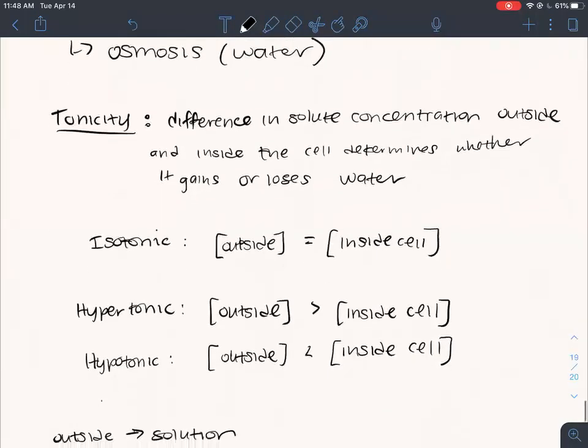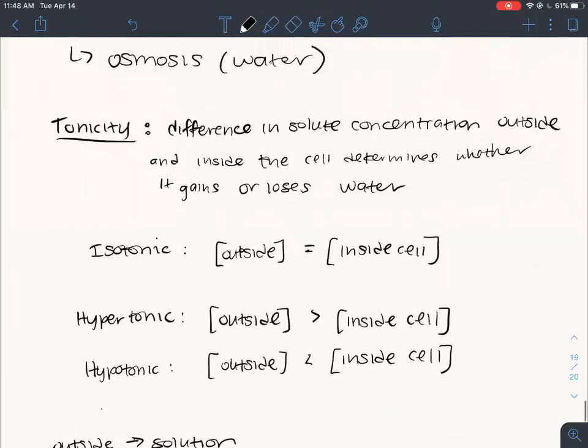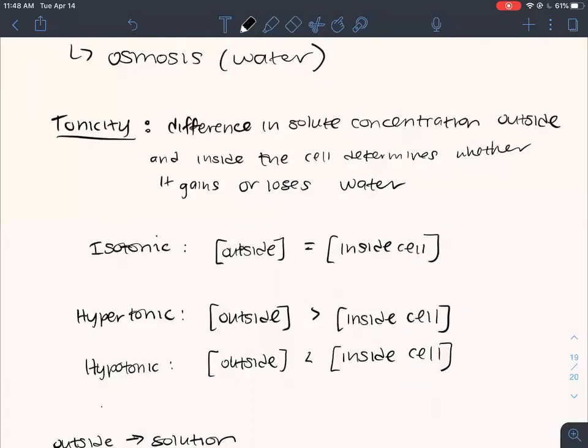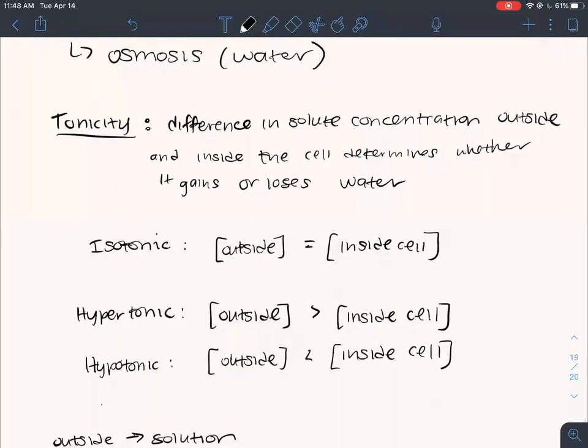So with osmosis comes these three types of situations of tonicity. So depending on the solute concentration in your cell and outside the cell is whether the cell gains or loses water. So in an isotonic environment, the solute concentration inside the cell is equal to the solute concentration outside the cell. So there's no real gradient that the water needs to move in to even it out.